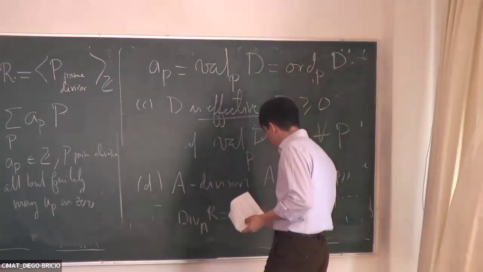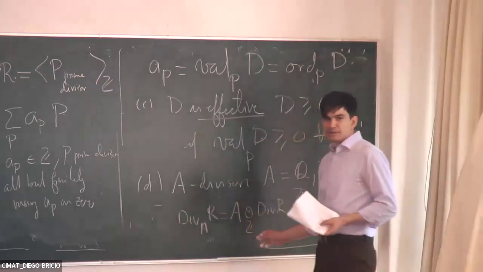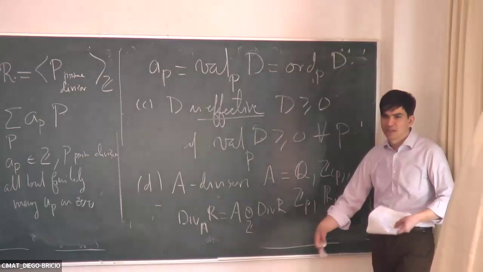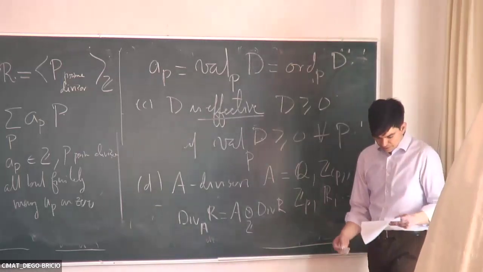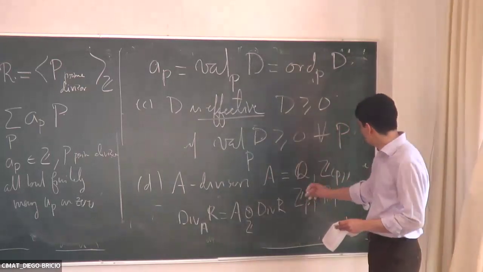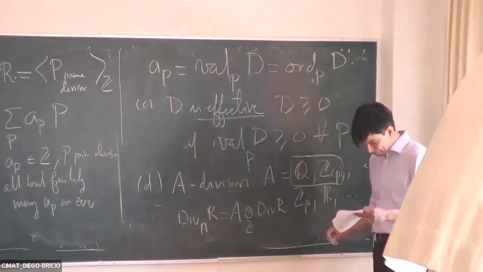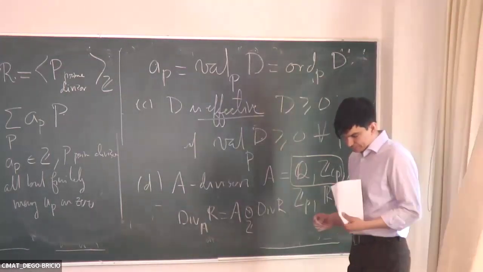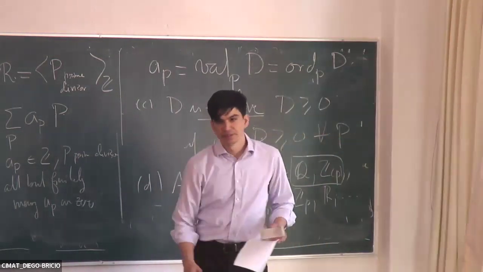You just take A times, or tensor, Z divisors. Okay? So what is that? It's just a formal sum of prime divisors, but now the coefficients belong to the ring you want. And we'll see at least in this course that Q-divisors and Z_(p)-divisors are very important. Okay, any questions?